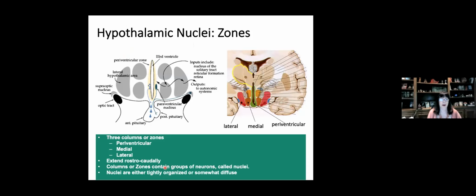Okay, so now I'll show you the divisions of the hypothalamus, which helps you identify where the different nuclei are. The bottom line is, if you were to see the name of a nucleus, you would instantly know in many cases where it is, at least approximately. So this is a frontal section, looking straight at the hypothalamus, and you see the third ventricle dividing it, so it's got two sides to it.